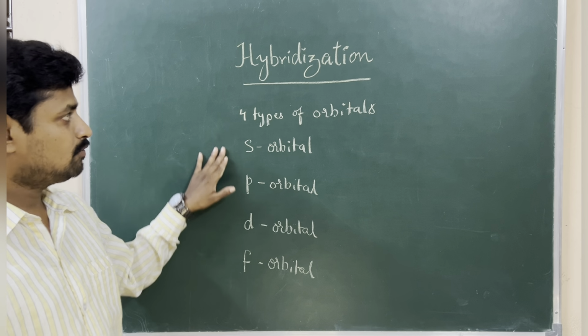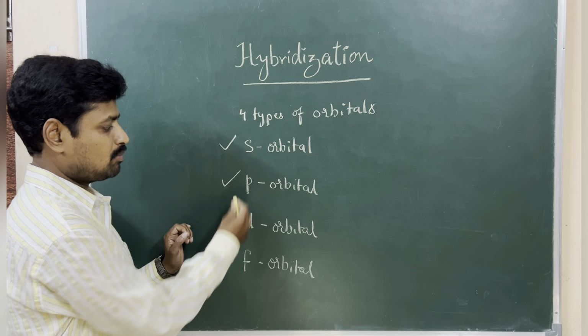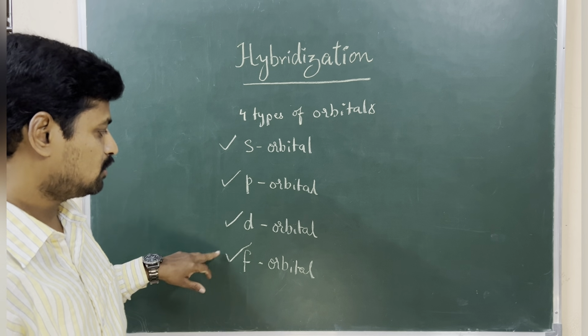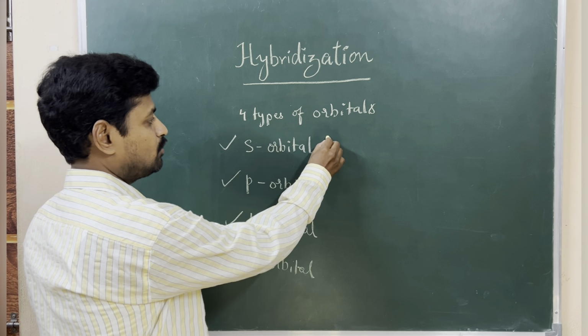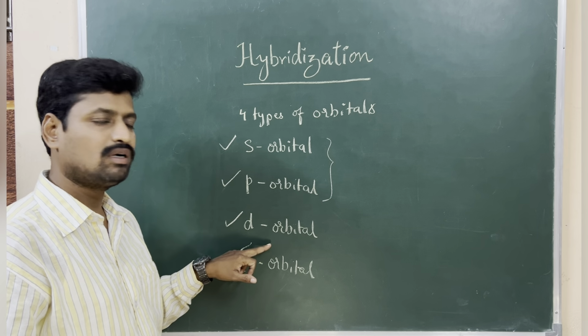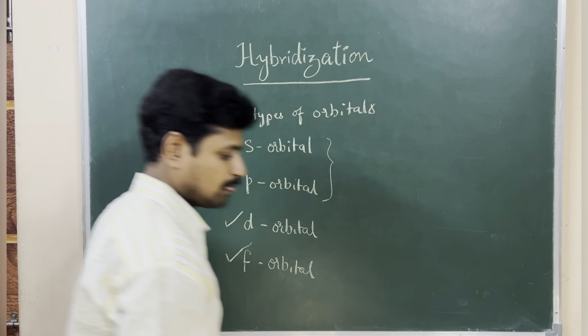So we have four types of orbitals: s, p, d, and f. Now in class 10th we will discuss only the first two orbitals. In higher classes we will study the d orbital and f orbital.